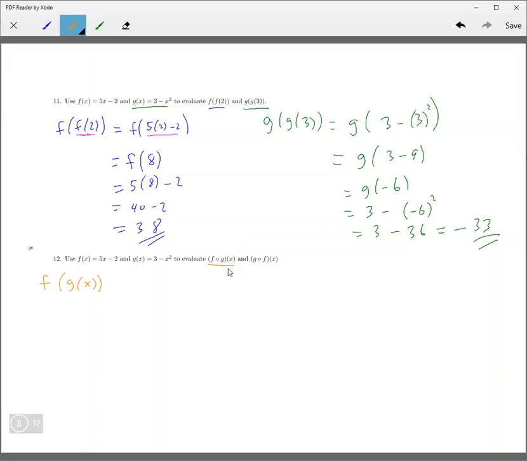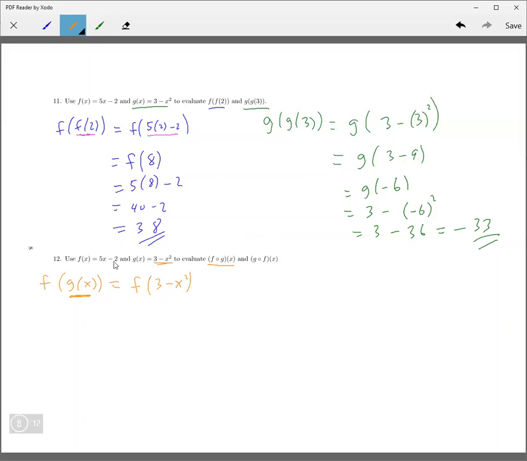The reason is that now you start with the innermost one, and g of x is equal to 3 minus x squared. So I can just replace this whole g of x with a 3 minus x squared. Okay, so I have f of 3 minus x squared.